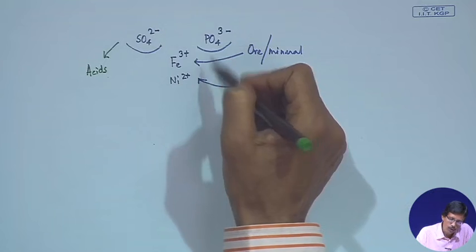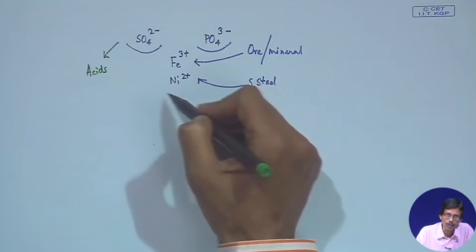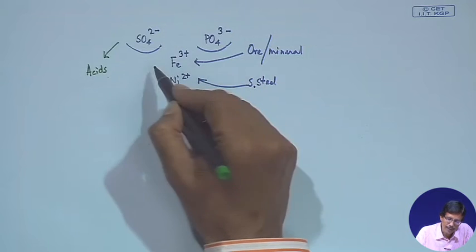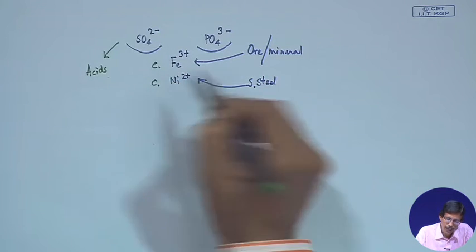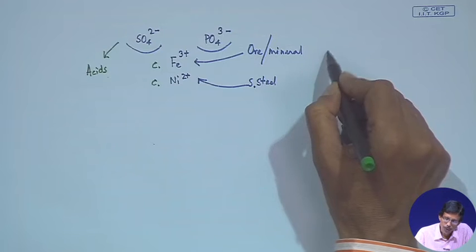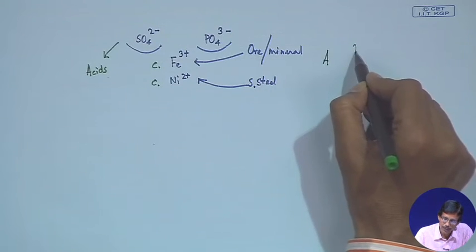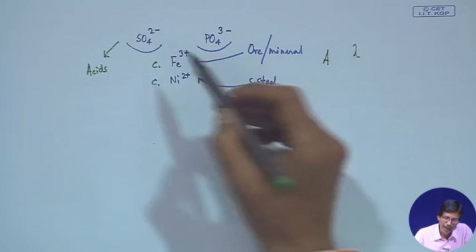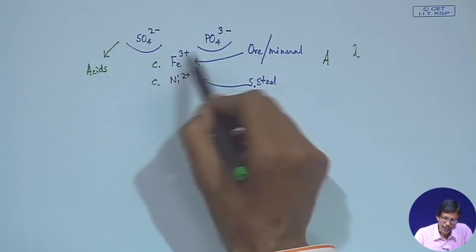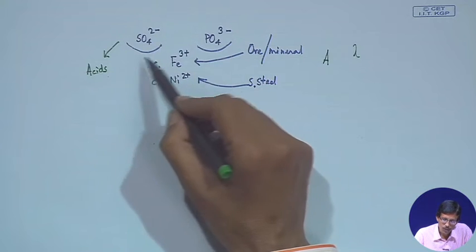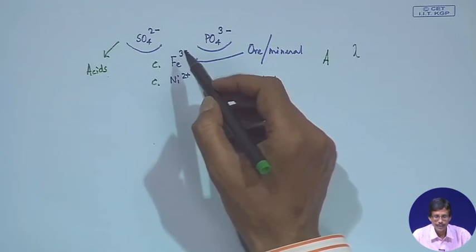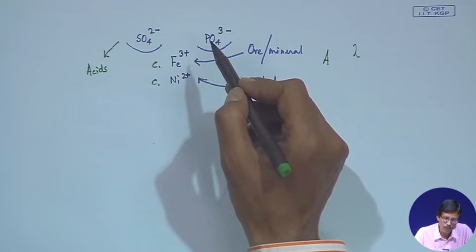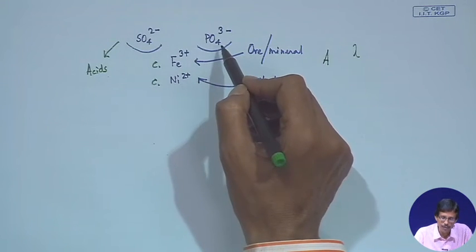So, the anions will remain in this solution, and we are trying to find the concentration of this iron and this nickel from the absorbance at a particular lambda value. We can have some error, that is, the matrix effect, due to the presence of this sulphate and phosphate.